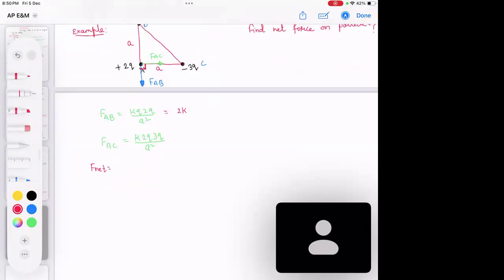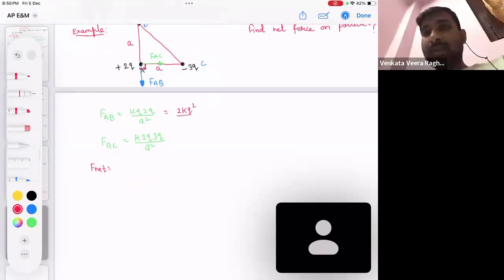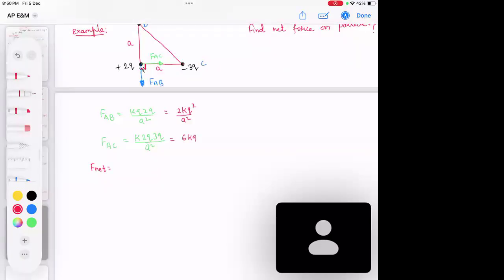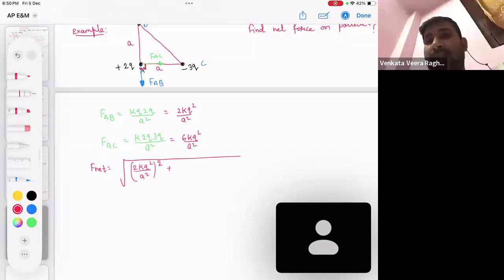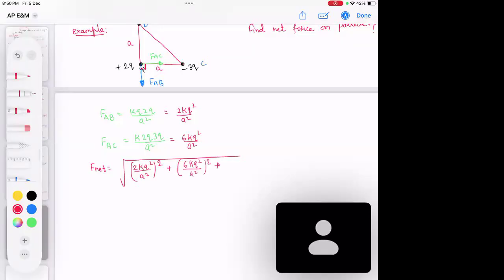It will come 2kq square by a square, and that is 6kq square by a square. Right. So the net force is going to be under root of (2kq square by a square) whole square plus (6kq square by a square) whole square plus 2 into this into cos 90.